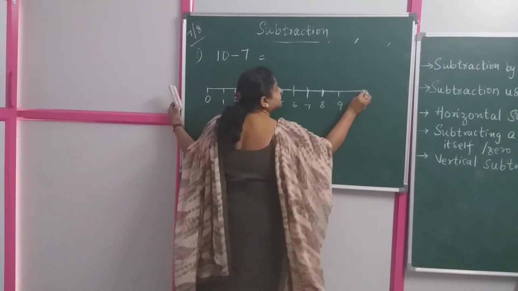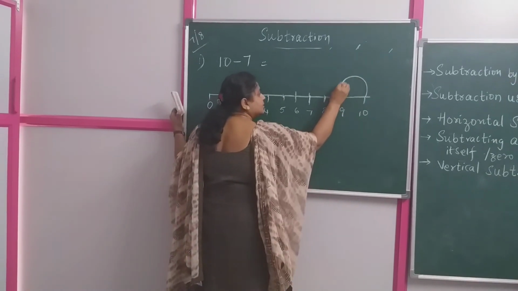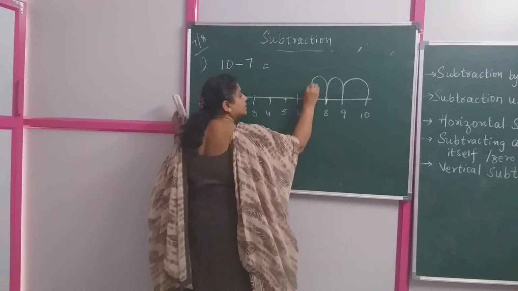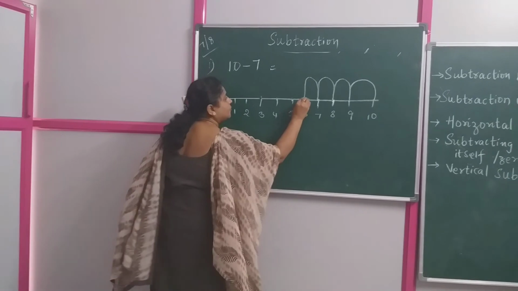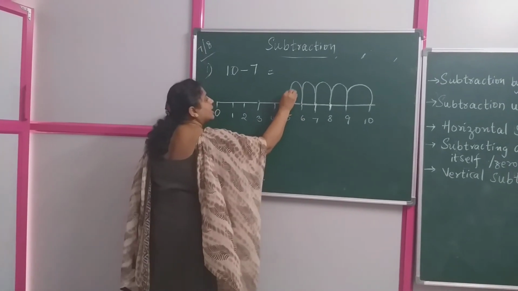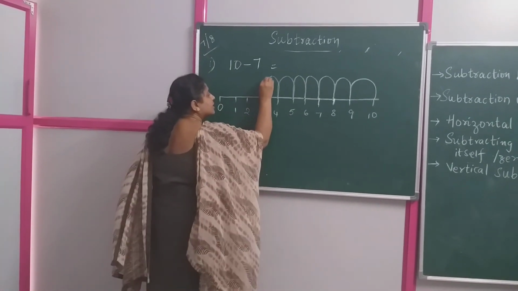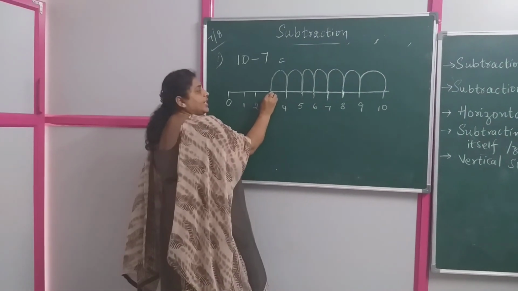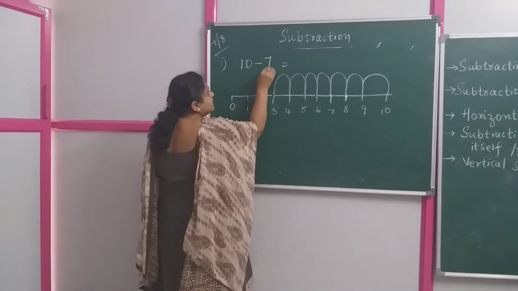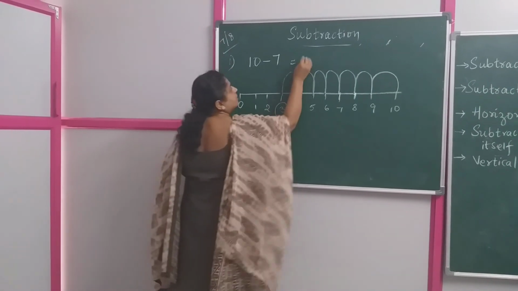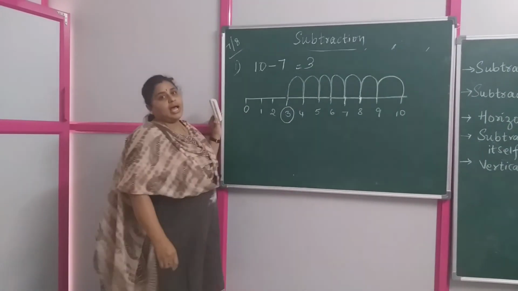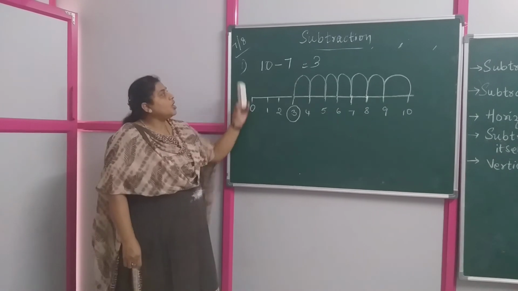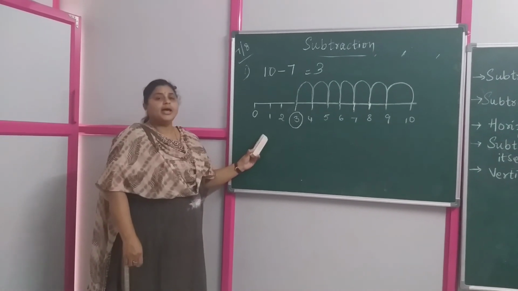Come on, start. 1, 2, 3, 4, 5, 6, 7. Did I take 7 steps? Exactly. So 10 minus 7, where did I stop? 3. That is your answer. So this is how you subtract using the number line.